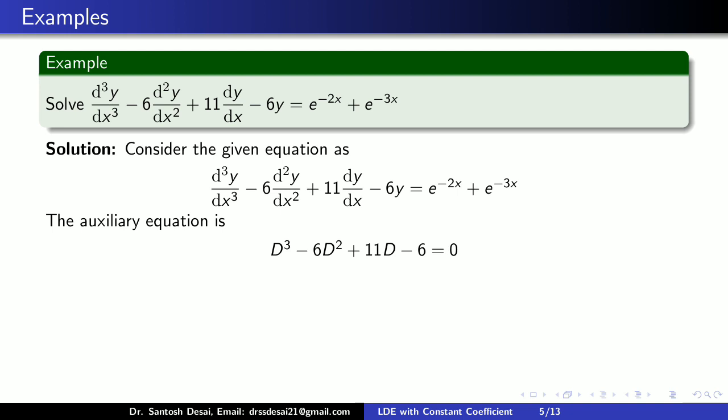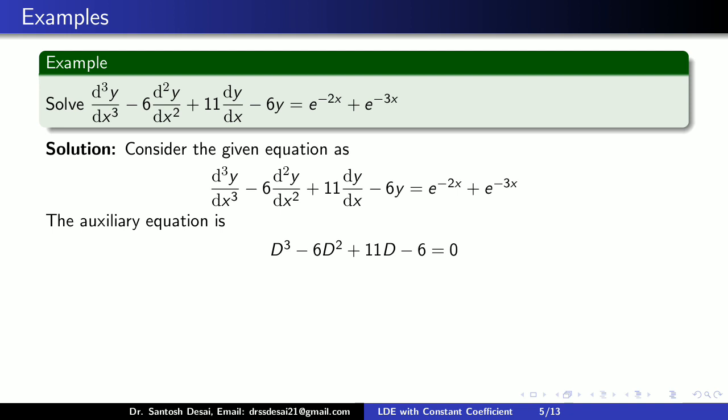That means you put D is equal to 1. If you get 0, then we say that D is equal to 1 is a root. If not, put D is equal to minus 1, and if again we get 0, then D is equal to minus 1 is the root. And if not, put D is equal to 2 and continue in this way till we get one root. So here I start with D is equal to 1.